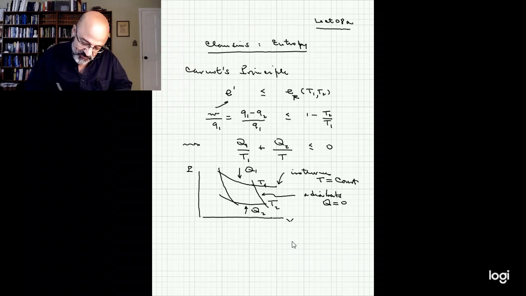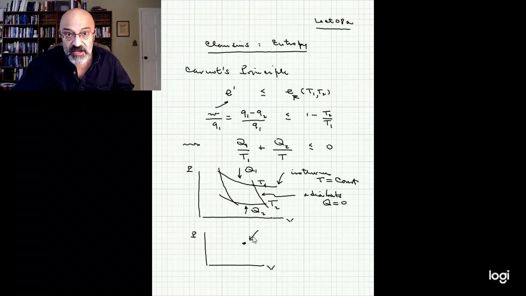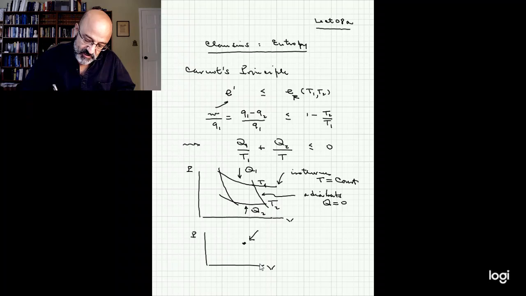So what we mean by a point in this space is really a macro state, a state of the system that is described by purely macroscopic variables like pressure, volume, temperature, number of particles.